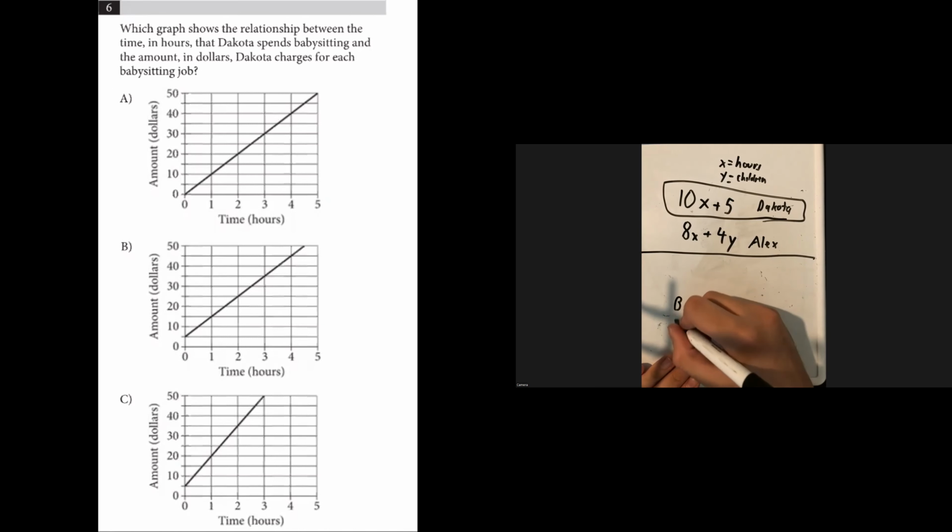Well, that would either be B or C. And which one of these has a slope of 10? That would be answer choice B. That's about it. Because B has a slope of 10 and it has a y-intercept of 5.